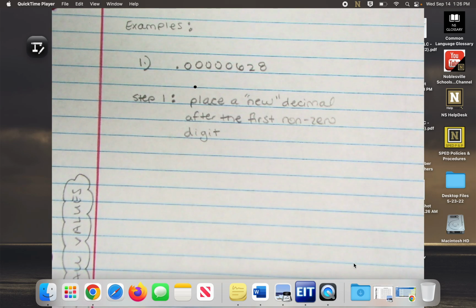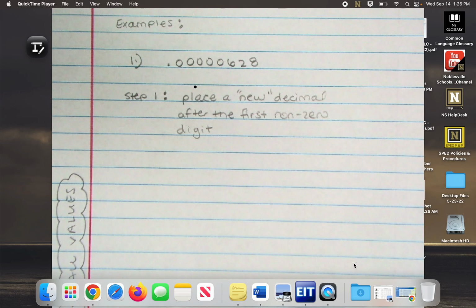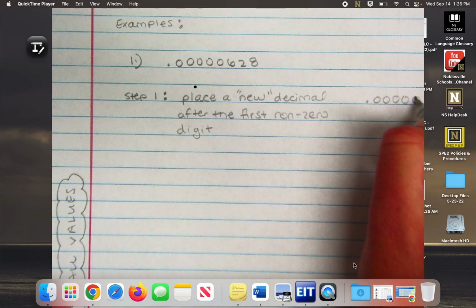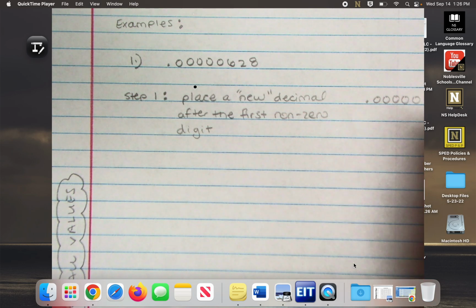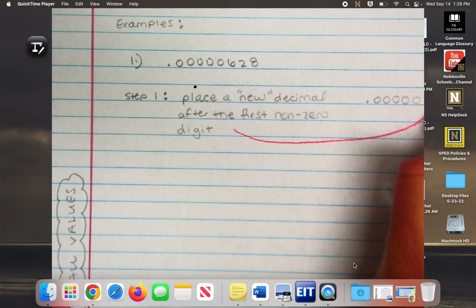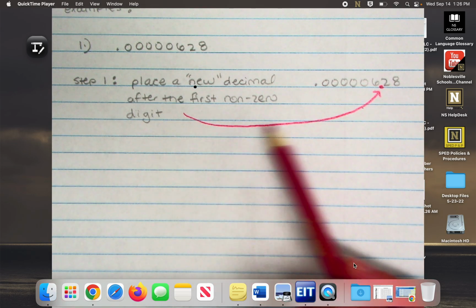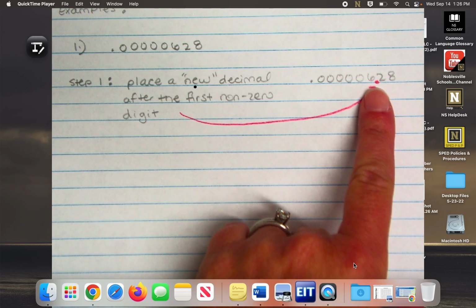So step 1 is to place a new decimal after the first non-zero digit. So we're going to put that right there in between the 6 and the 2. A new decimal, right after the first non-zero digit.